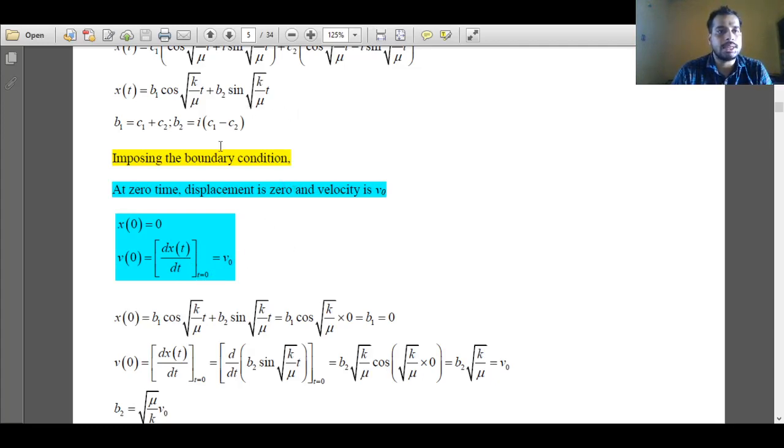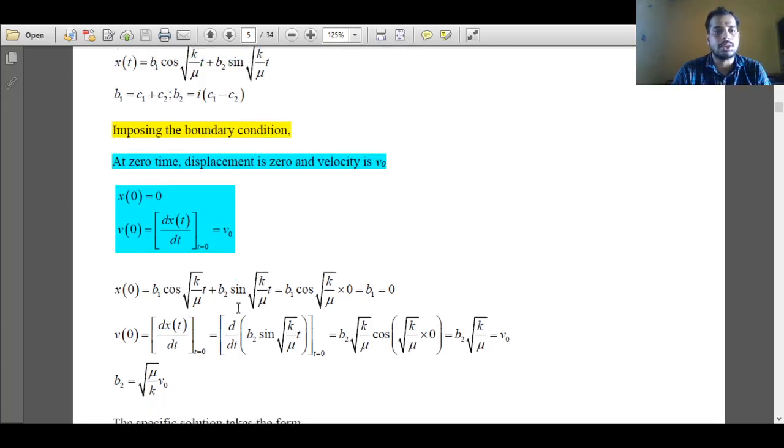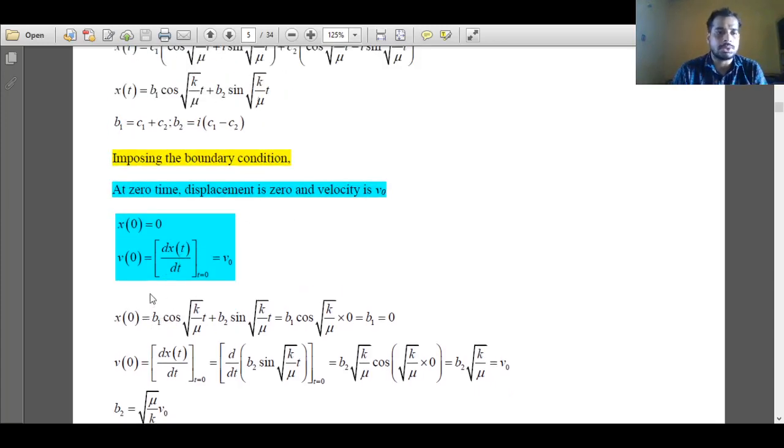In our general solution, I will substitute the first boundary condition, that the position is 0. My solution is b1 cos(√(k/μ) t) plus b2 sin(√(k/μ) t). Here I apply time equal to 0. For the second term, b2 sin 0 is 0, so only the first term survives. b1 cos 0 is 1, so I get only b1.